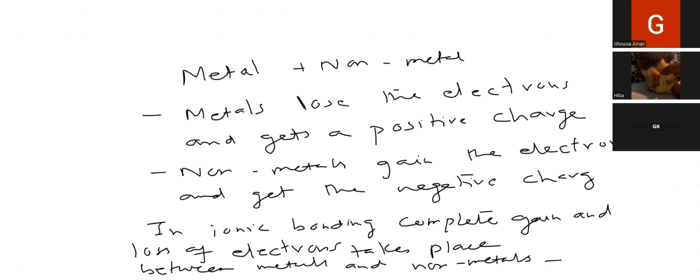Now see, for example, sodium belongs to group number 1 and chlorine belongs to group number 7. Sodium is a pure metal, chlorine is a pure non-metal.